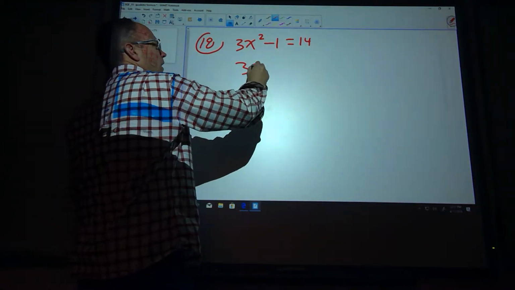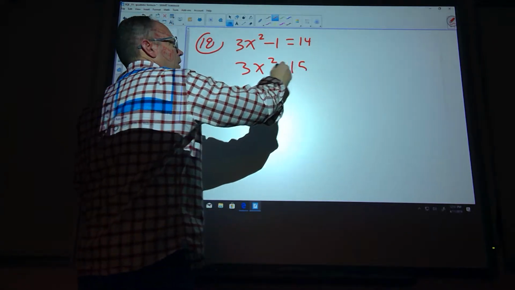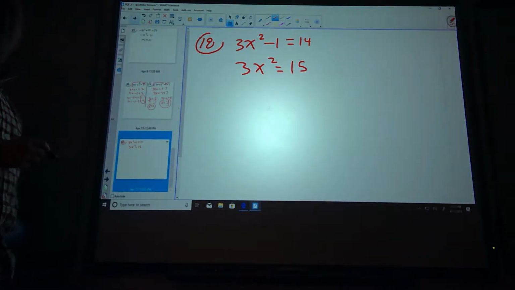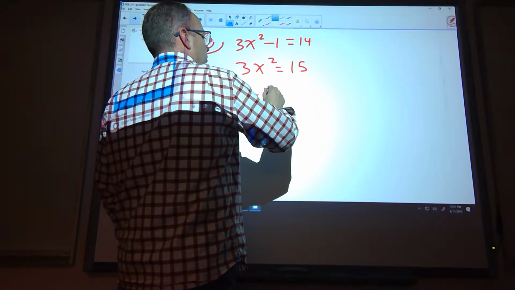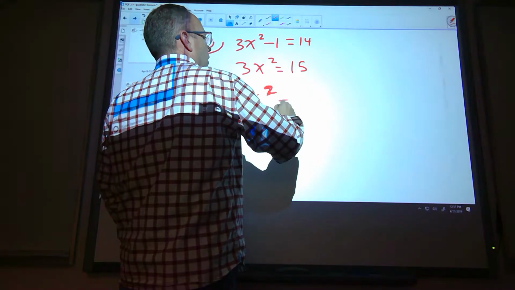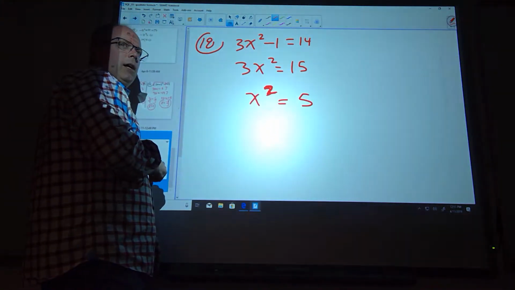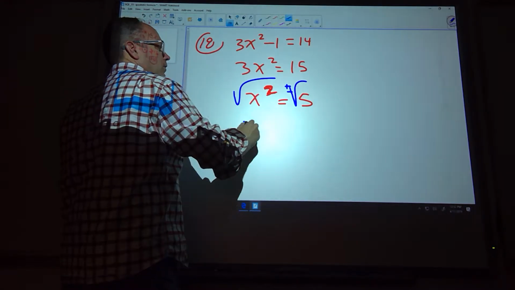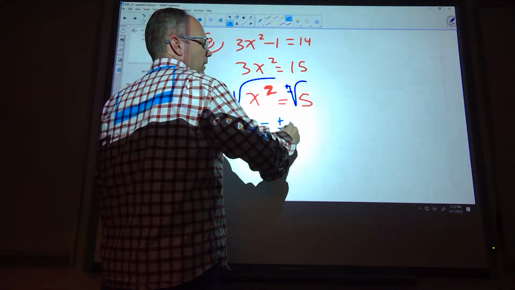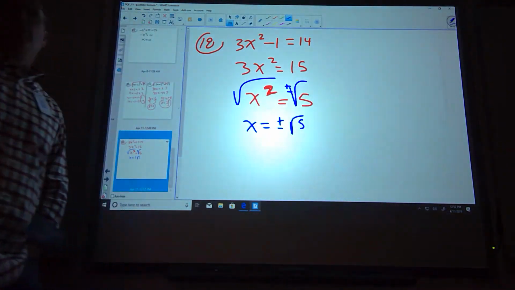So if I add 1 to both sides, I get this. Then what do you think you should do? Divide by 3. Good. So divide both sides by 3. Oops. Still squared. Equals 5. Feel comfortable with that? Now I'm going to take the square root, make sure you have a plus or minus, so your answer actually comes out to plus or minus square root of 5, and you can totally just leave that.